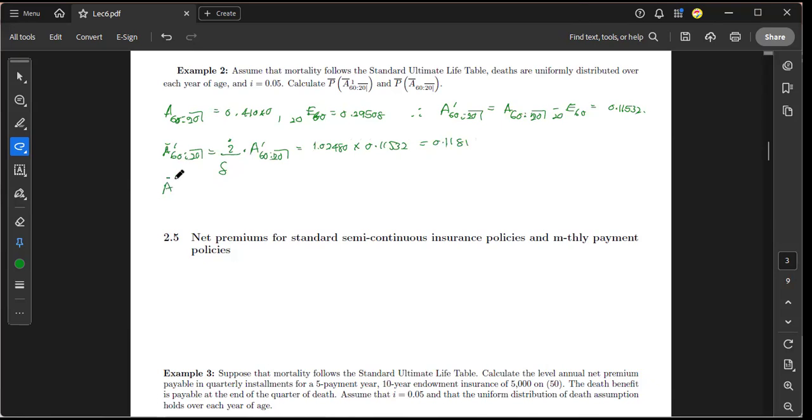And to get the continuous endowment, you have the continuous term life plus the pure endowment. The pure endowment is the same for both the continuous and discrete cases. So you will get this. And since it is UDD, we get the annuity.